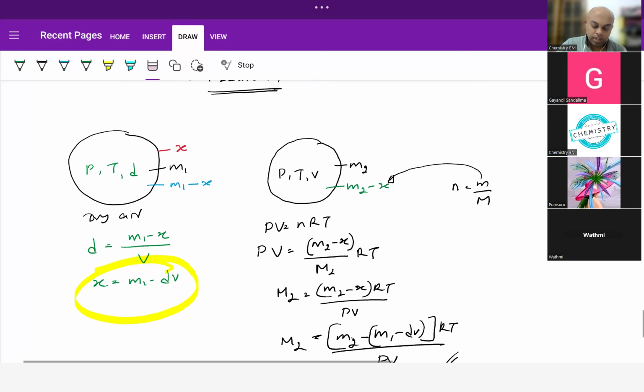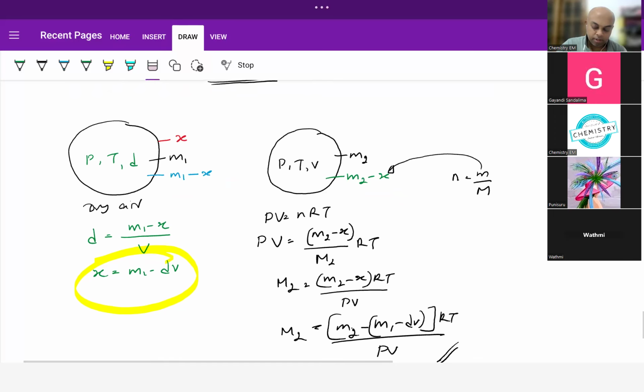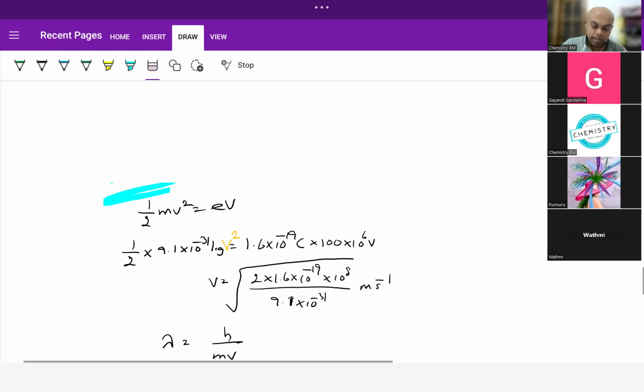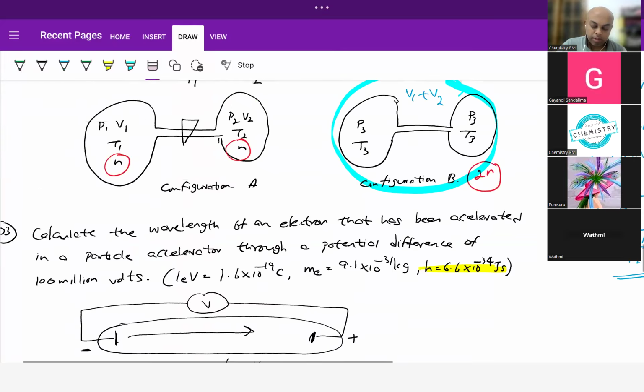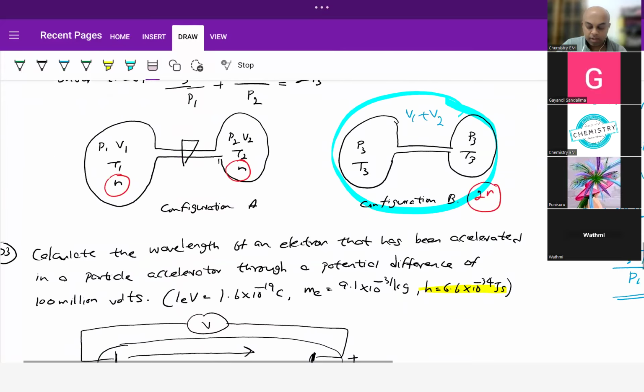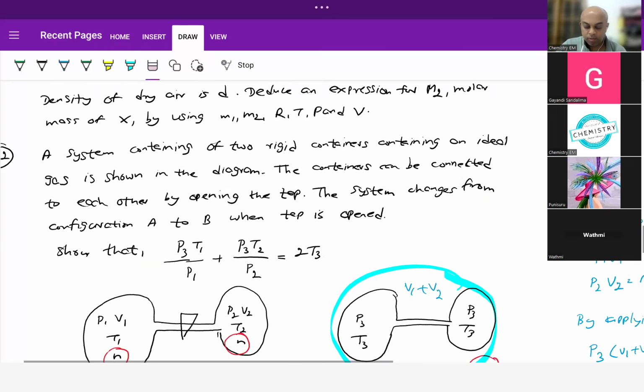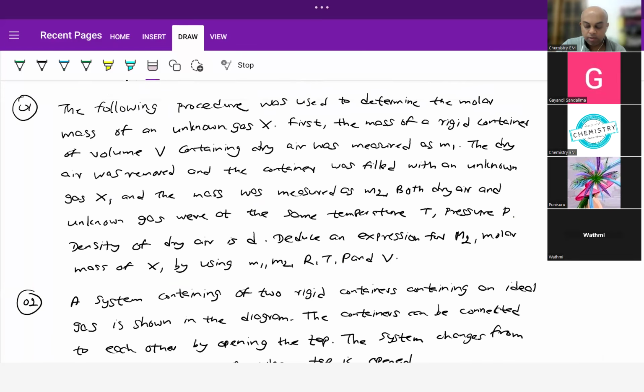So, if you read the question, the following procedure was used to determine the molar mass of an unknown gas X. First, the mass of a rigid container of volume V containing dry air was measured as M1. So, this M1 is not the mass of the gas. That is the mass of the gas plus the mass of the container.